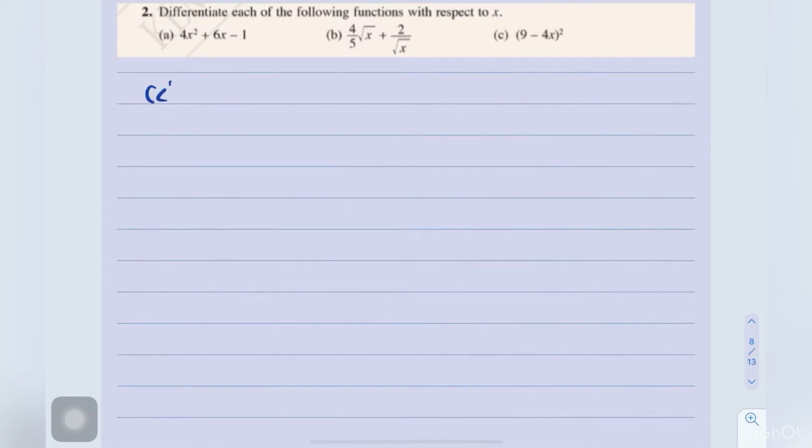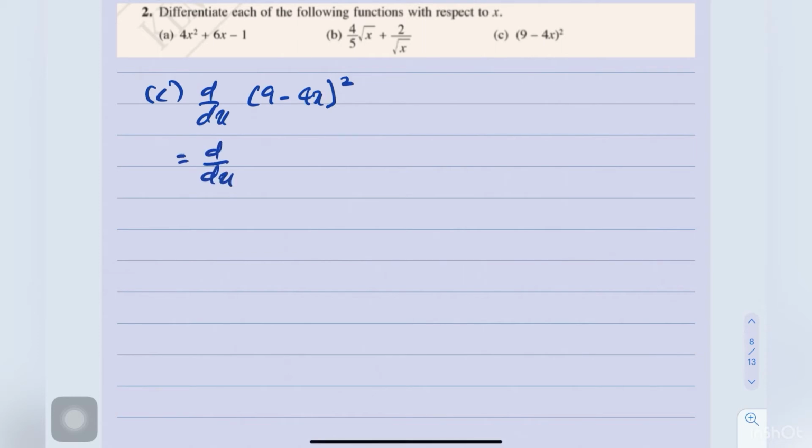Question C, differentiate 9 minus 4x squared. For this question, actually we have two methods. Either you use composite function or you expand, then you differentiate. For this question, I don't want to use composite function. I want to expand this function.